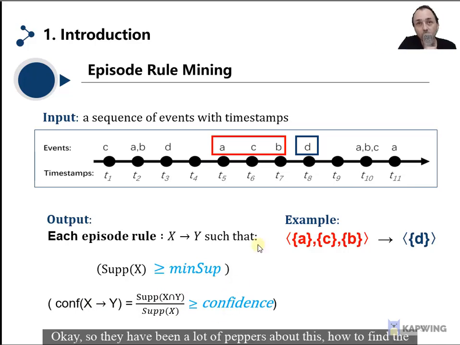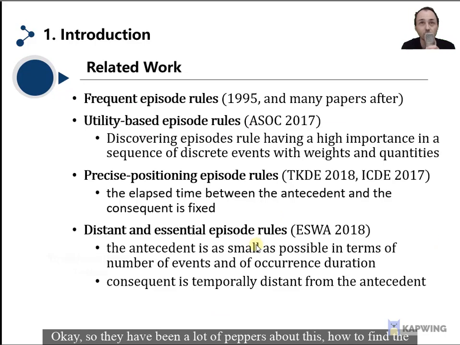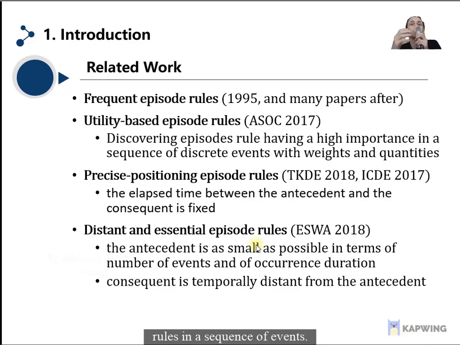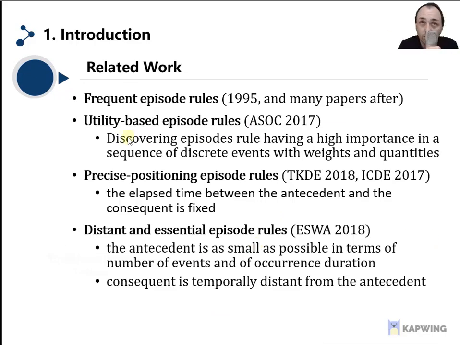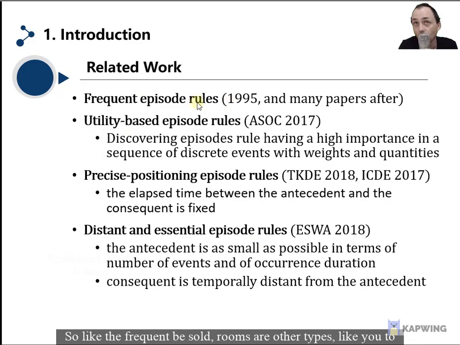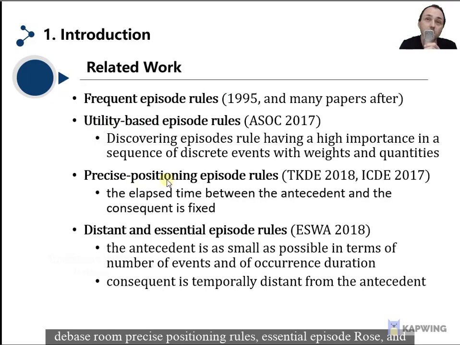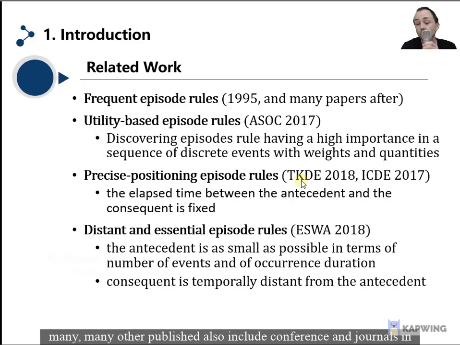There have been a lot of papers about how to find rules in a sequence of events, like frequent episode rules or other types like utility-based rules, precise-positioning rules, essential episode rules, and many others, published in good conferences and journals in data mining.